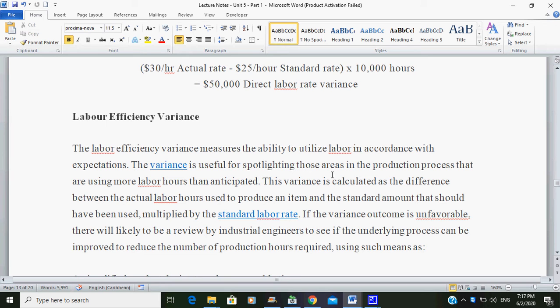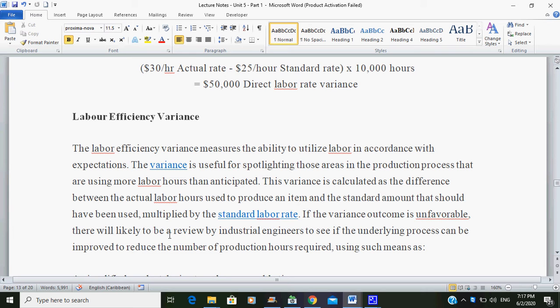If the variance outcome is unfavorable, there will likely be a review by industrial engineers to see if the underlying process can be improved to reduce the number of production hours required. So this is how they would combat the unfavorable variance, right?